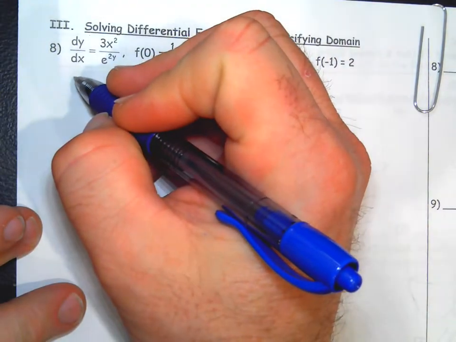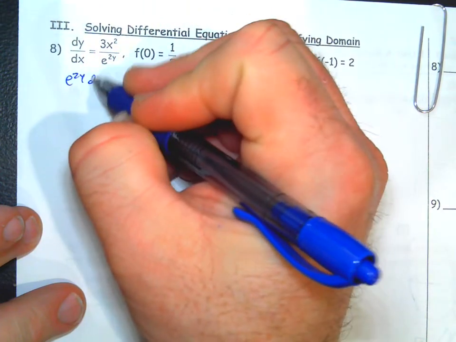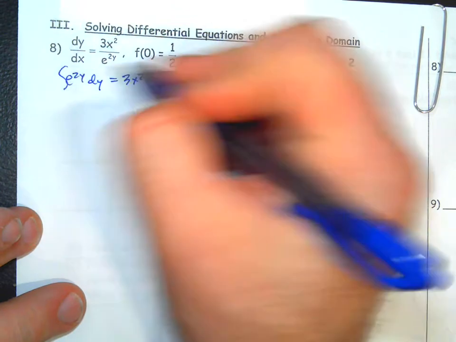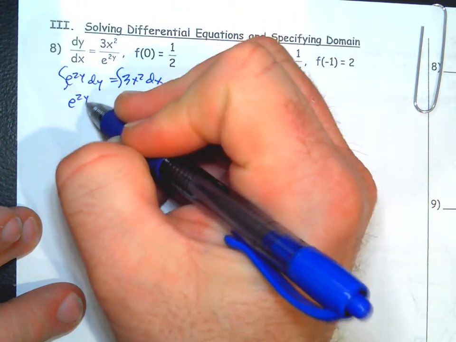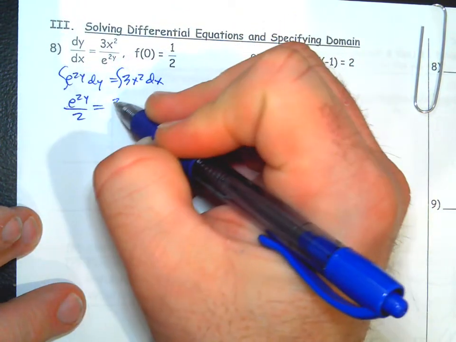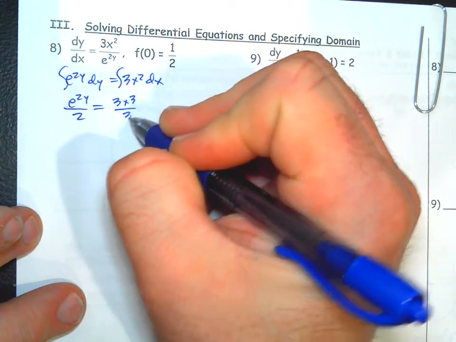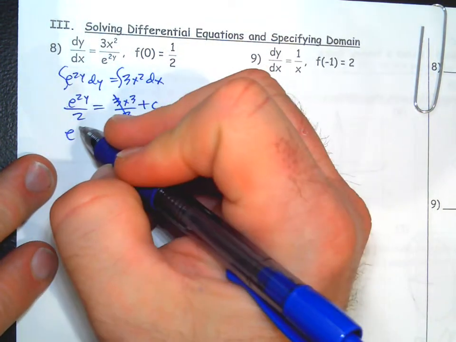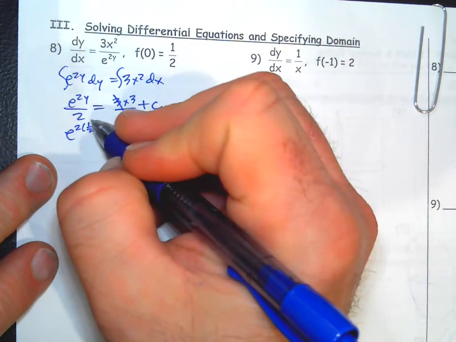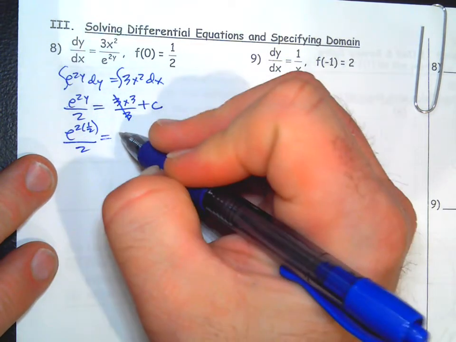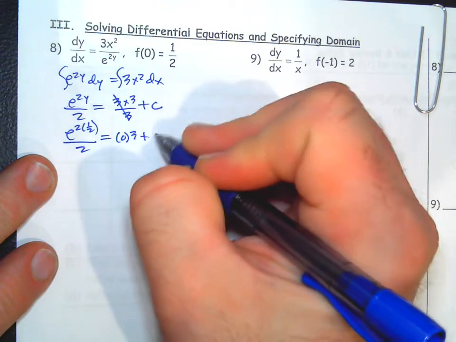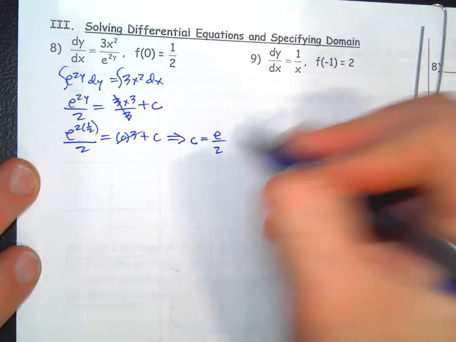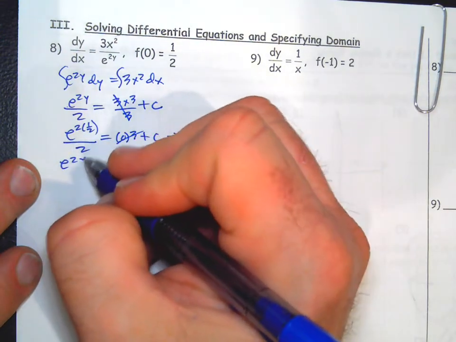Separate the variables. Integrate both sides. Plug in the initial condition. Find C. Rewrite your equation with your C value in it.